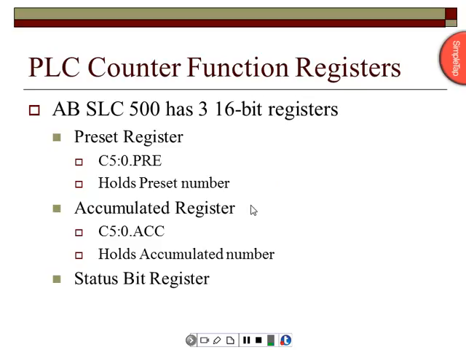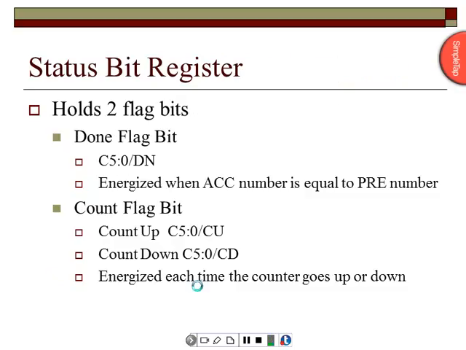Okay, so it will hold it. All right, the accumulator register, oops. Oh, that's what we were talking about. Preset would be 12. Accumulator register is how many I've already counted. And then the status bit is either TT, I guess that's the next slide. I'm sorry, CU or CD. So we've got count up, count down, CU, CD.